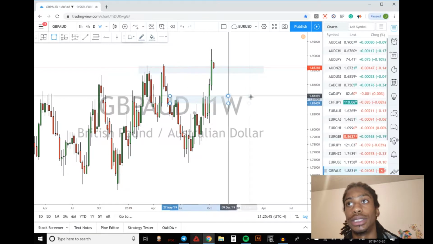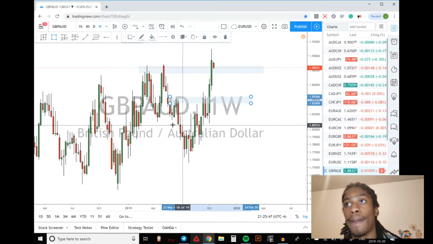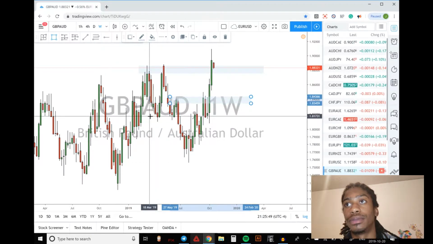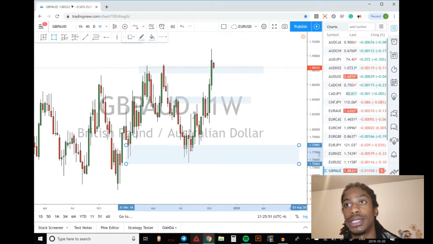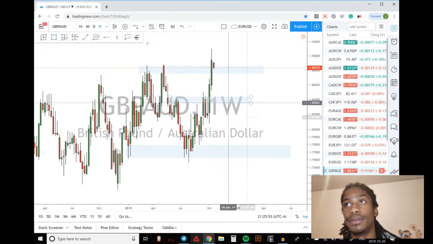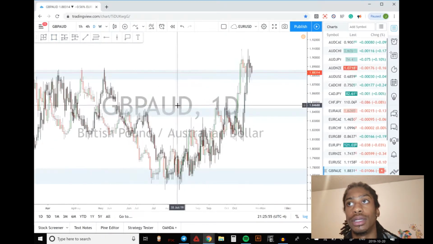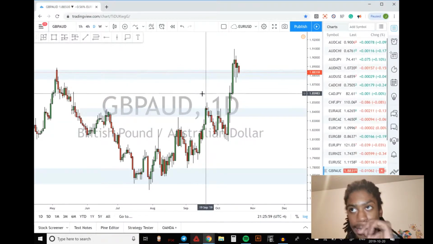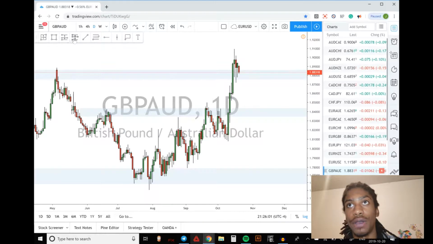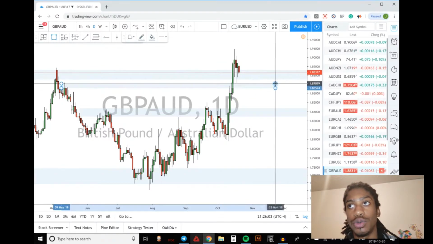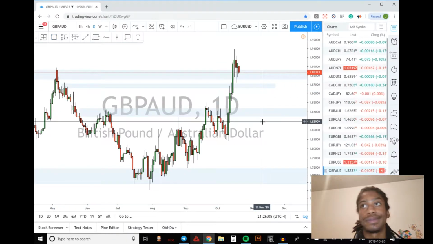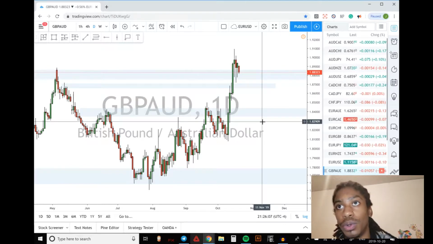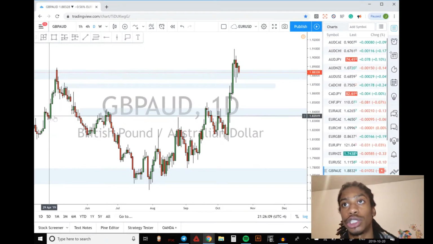We have resistance here. And then this is like the major floor area. Daily time frame, there isn't much to offer here. Now, I do see we have this minor support because we don't really have much structure in this area.